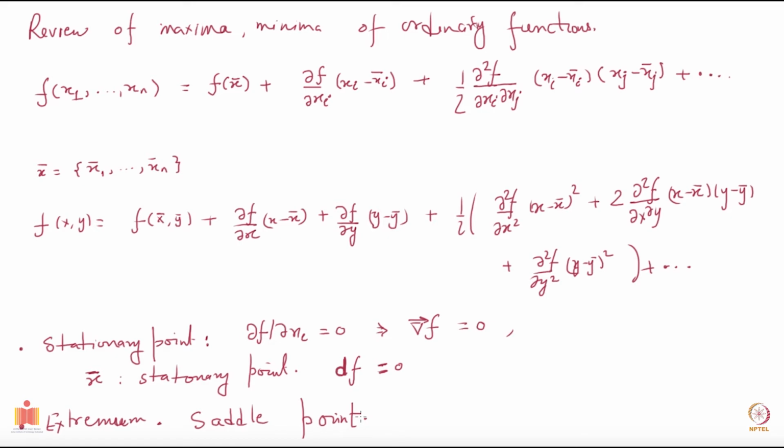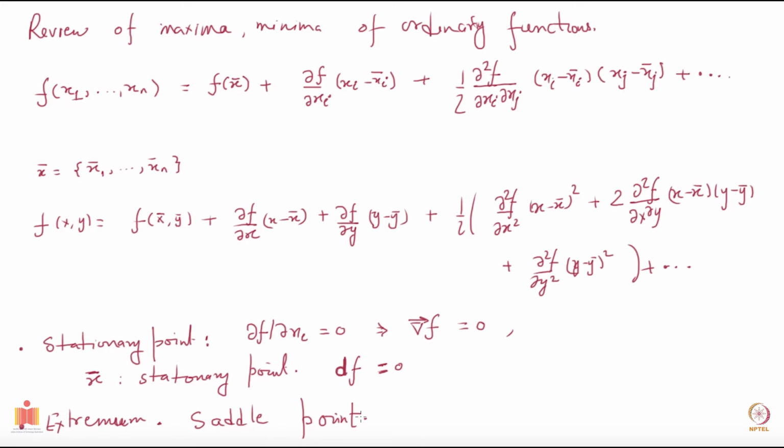Now, I would be interested in asking, for example, what if I'm given a function, and I'm looking for its maxima and minima, or the stationary points? Let's say I'm not interested in knowing whether it's a maximum or a minimum or a saddle. I'm happy with knowing whether it's a stationary point or not. In this case, this is fine.